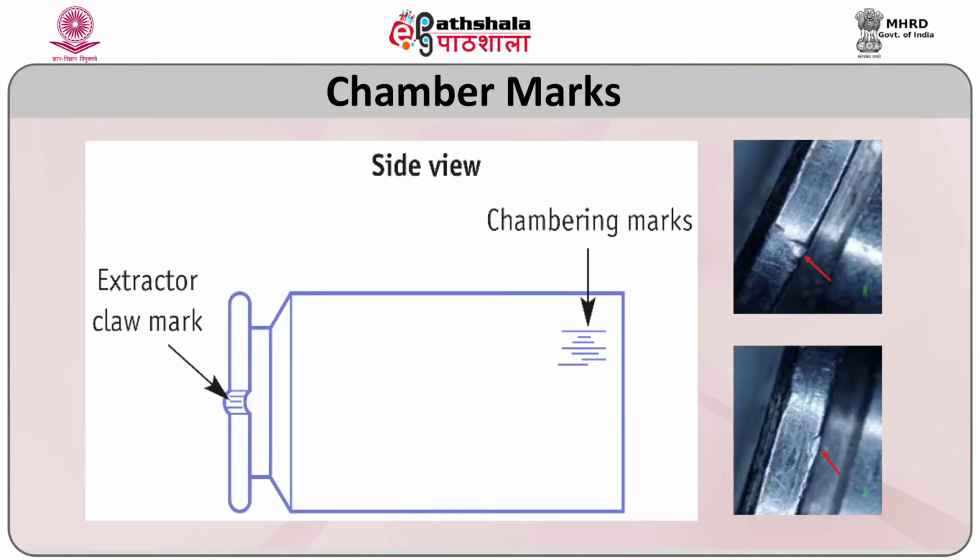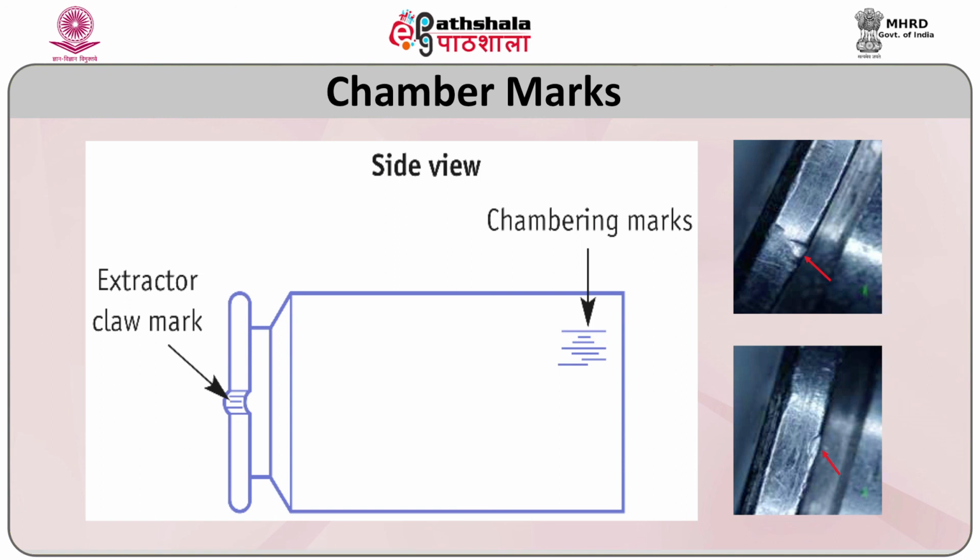The chamber marks are observed rarely on the fired ammunition. Ordinarily, some defects or some deposit in the chamber imprints its negative profile on the tubular portion of the cartridge case. When pressure develops on firing, an oversized cartridge case may also tend to imprint the chamber mark.